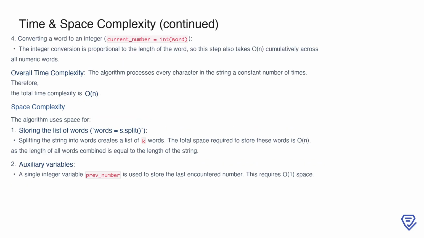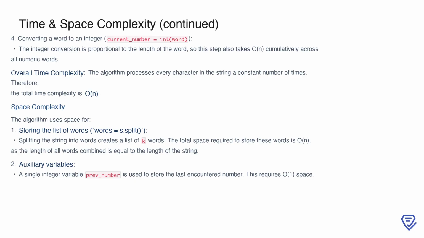Next, let's examine the integer conversion step, where numeric words are converted into integers using int(word). This operation depends on the length of the word being converted, but since the total length of all numeric words is at most n, the time spent on this step is cumulatively O(n). Combining all these operations, the algorithm processes each character in the string a constant number of times, resulting in an overall time complexity of O(n).